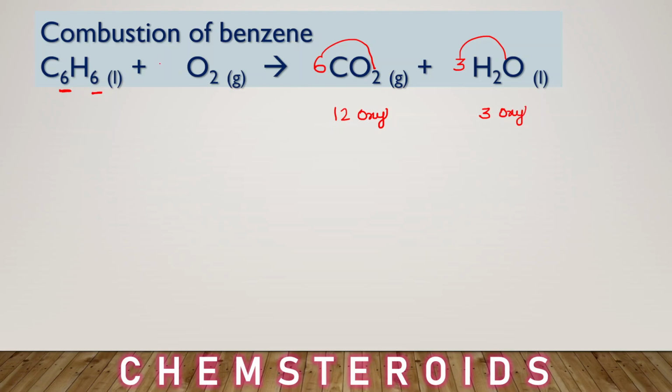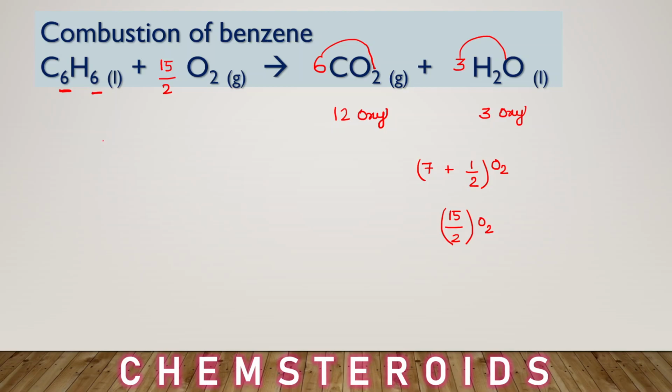So half of it is going to be 15 by 2. Or I can say that as 7 plus half oxygen, because 7 O2 means 14 oxygen, plus half of it is going to be 1 oxygen, so that is 15 oxygens. So this can be written as 15 by 2 O2.